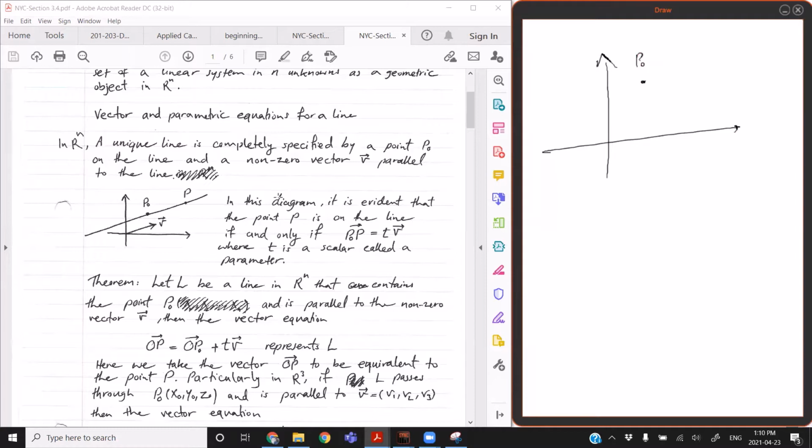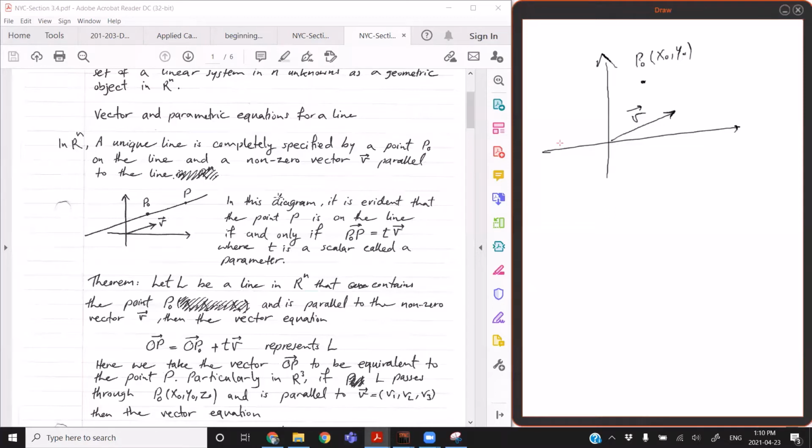And for the sake of simplicity, imagine that P0 is a point from R2, and we are just dealing with a line in R2. And I give you this vector. I'm going to call that V.